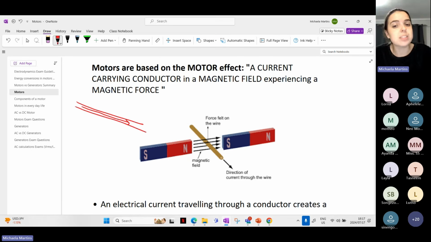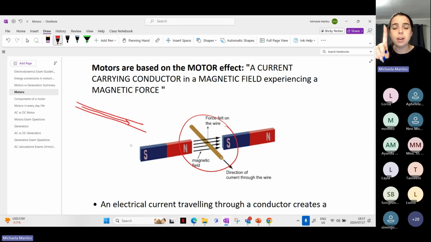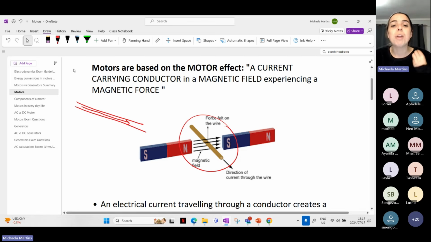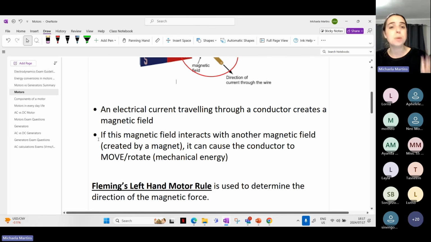That magnetic field interacts with the magnets that you see on the screen over there. So the current in the wire creates one magnetic field. That magnetic field interacts with the other magnetic field. So it's two magnetic fields interacting. And what that causes is a force. A force on the wire causes the wire to move. The wire will move up or down. It's pretty cool. That's the motor effect.